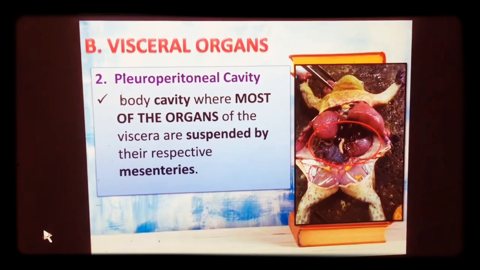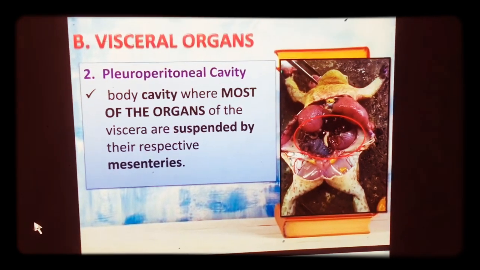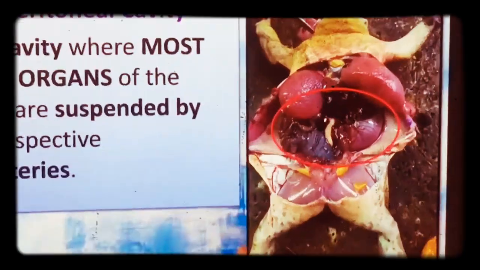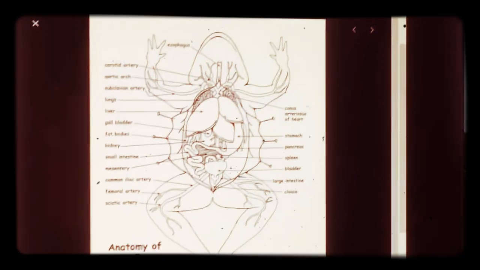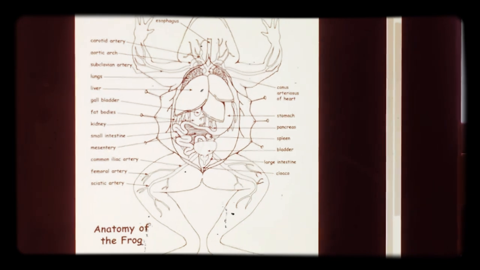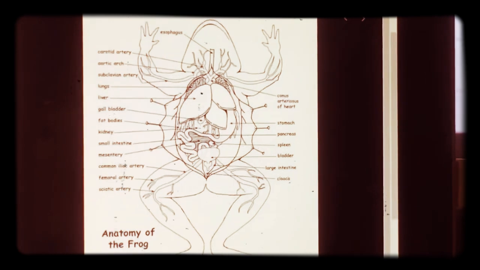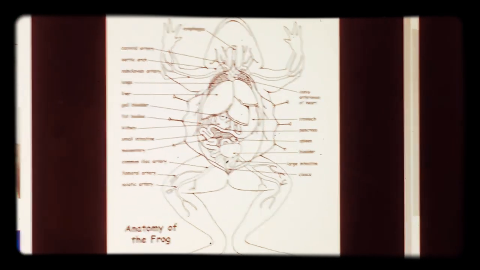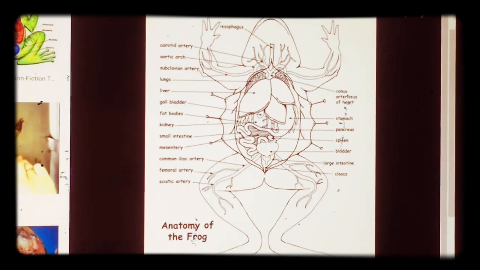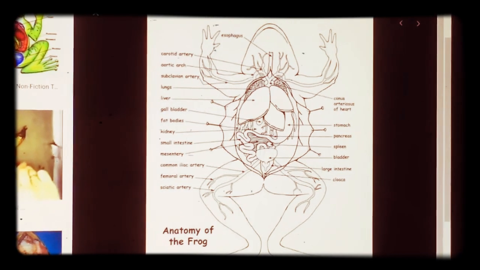Next, let's talk about the pleuroperitoneal cavity, a body cavity wherein most of the organs of the viscera are suspended by their respective mesenteries. The pleuroperitoneal cavity consists of the esophagus. This connects the pharynx to the stomach. The stomach is a bag-shaped, muscular, slightly curved sac for digestion, wherein the anterior portion joins the cardiac region, and the narrower posterior region is the pyloric region.